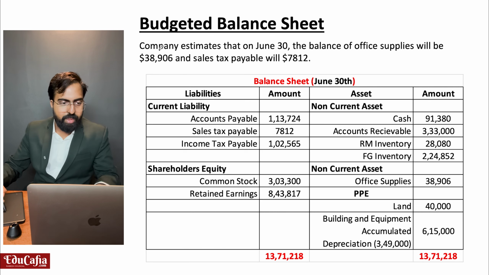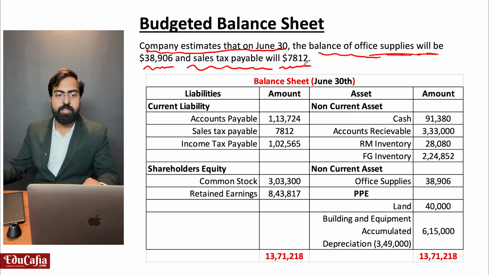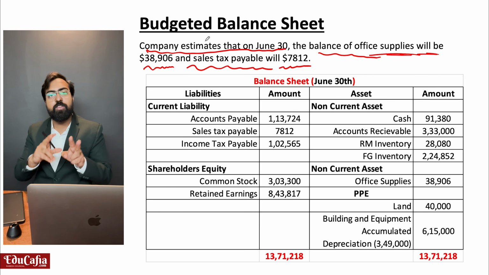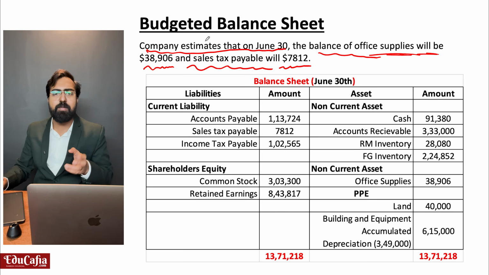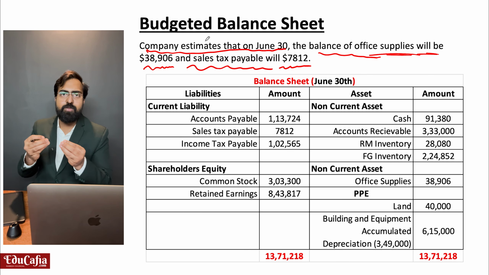Something is said here: the company estimates that on June 30 the balance of office supplies will be 38,906 and sales tax payable 7,812. So these two things are already given. What is office supplies? Pen, pencil, paper, A4 sheets, everything used in the company, right?